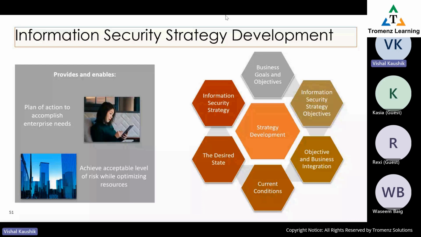And we also have the information security strategy objectives themselves, the goals of which are to help the enterprise achieve the overall goals, meaning they must be defined and metrics developed to determine if those objectives are being achieved. Maybe we'll look at this in later slides.